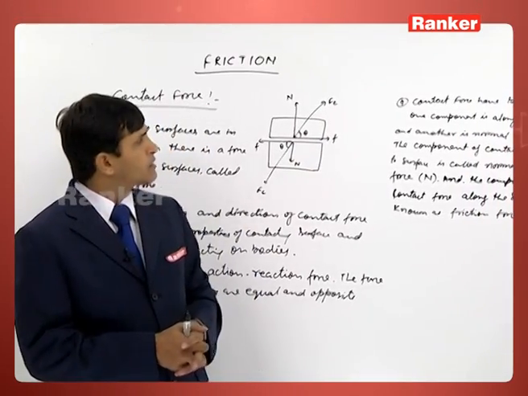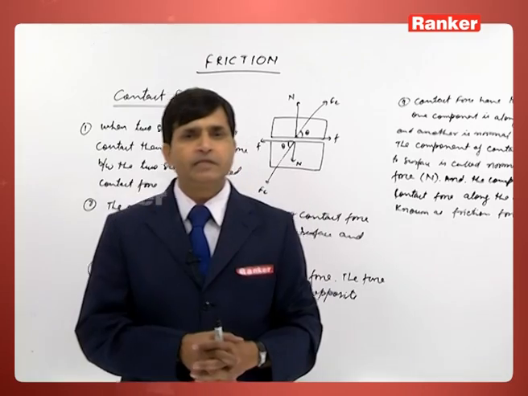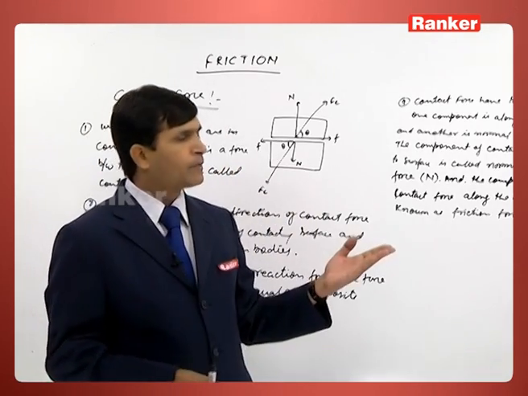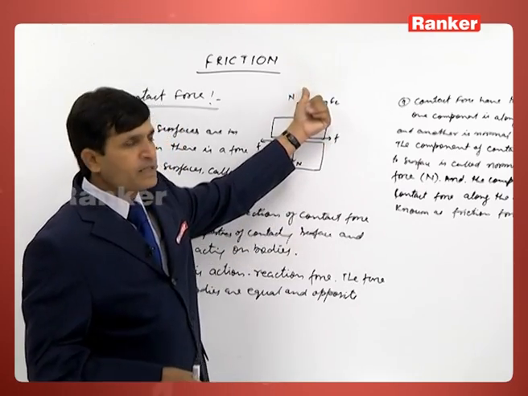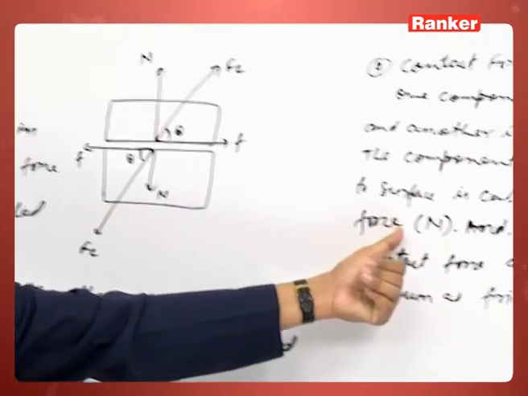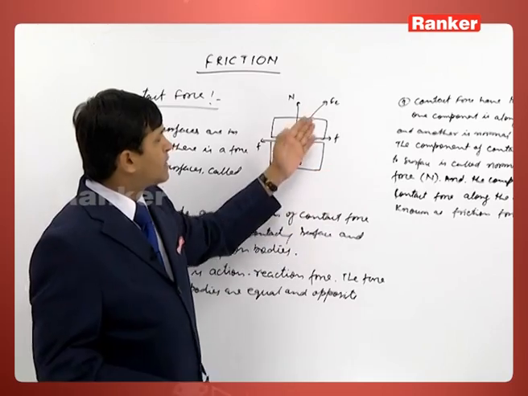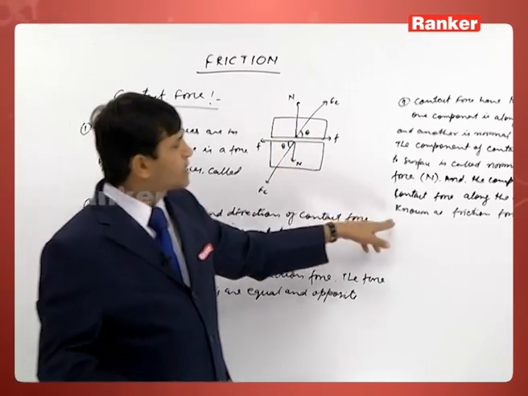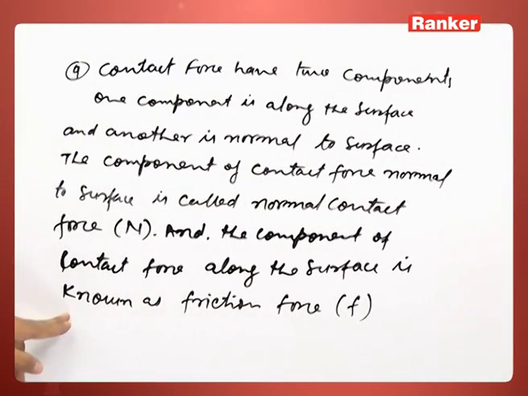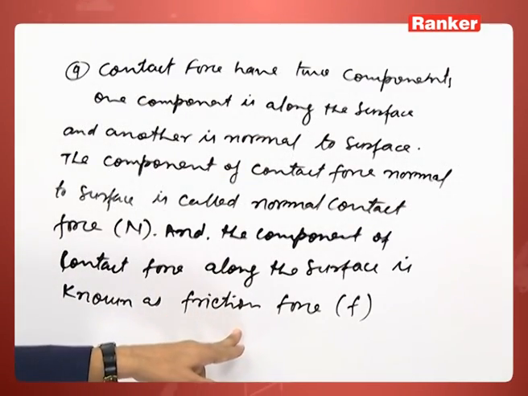As the contact force can make a certain angle with the surface, it may have two components. One component, normal to the surface, is called the normal contact force, and the other, along the surface, is called the friction force.